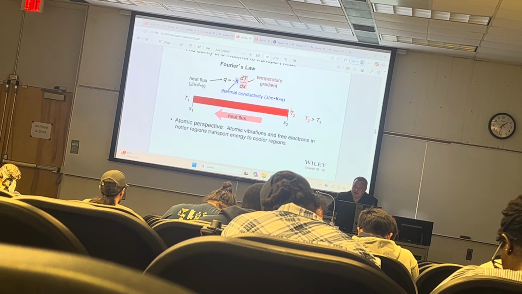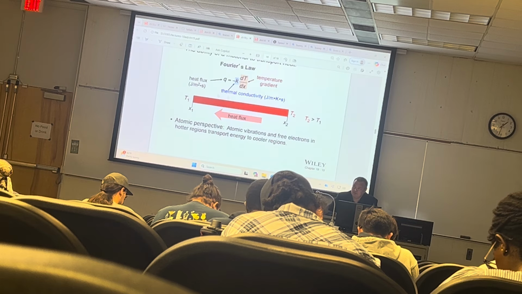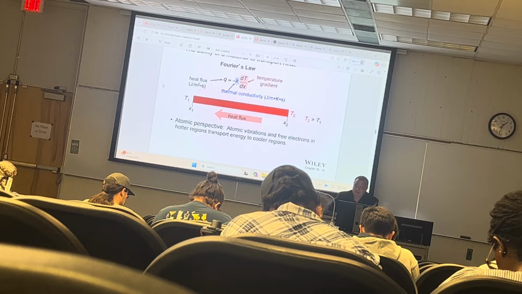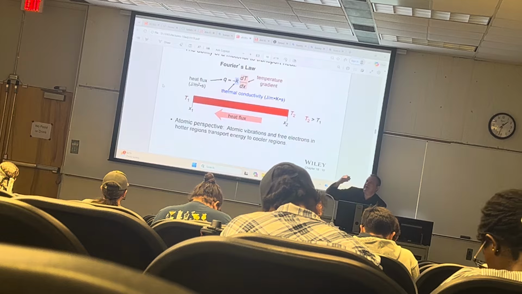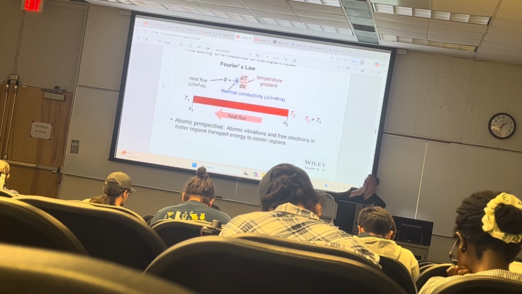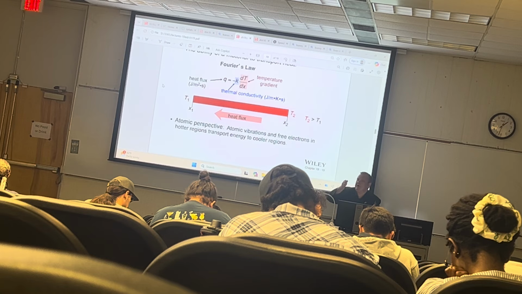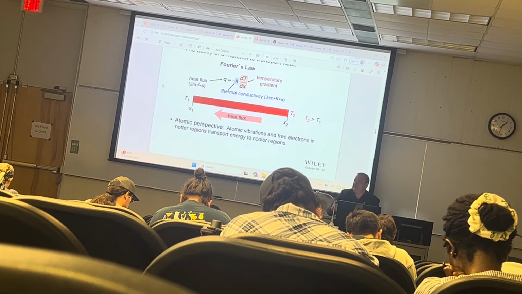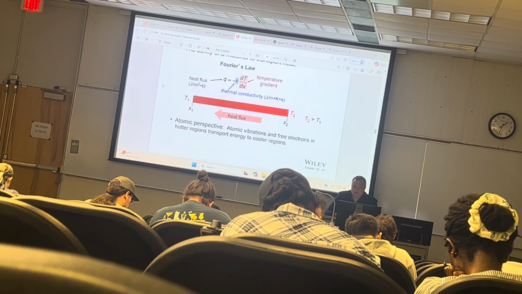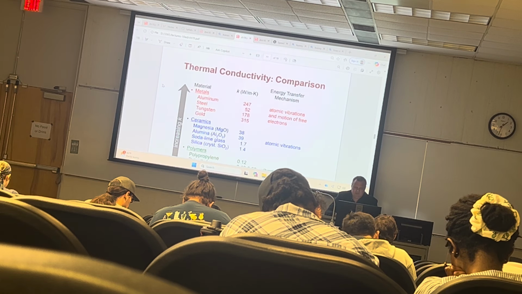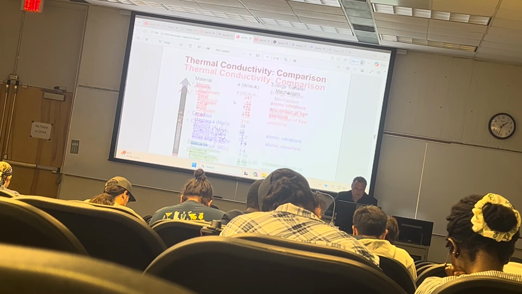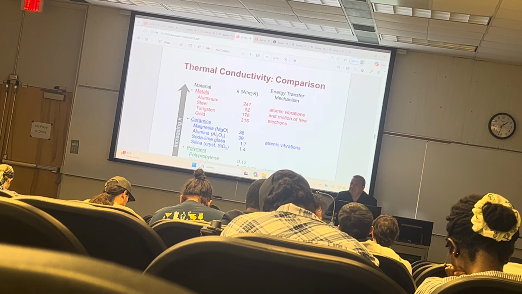And heat is going to travel from the hot side to the cold side. How does it work? It's the wave of those atomic vibrations that start here and eventually propagate over there. But it takes some time. By the way, conductivity is measured in watts per meter per Kelvin.